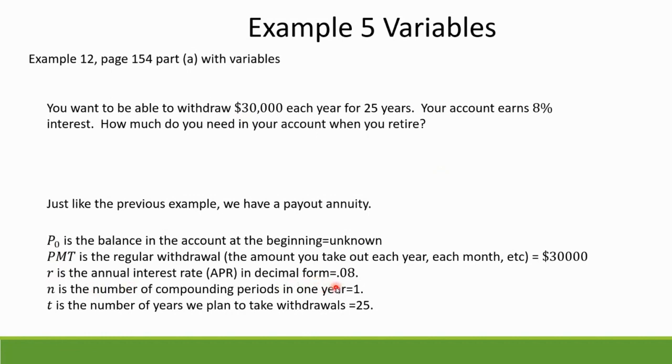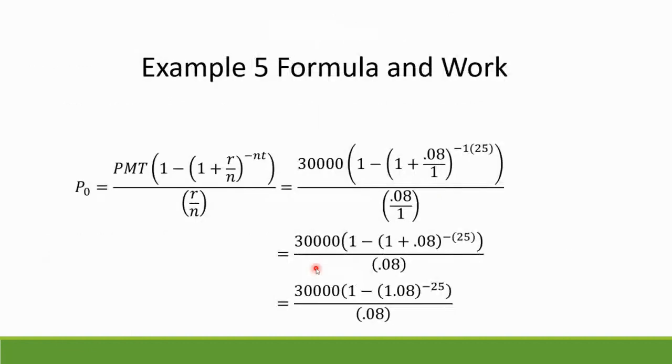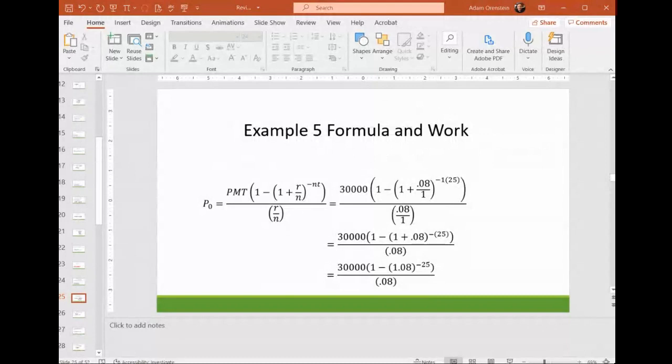N in this case is 1 because we're making annual withdrawals, so the account is being compounded once a year, annually. And this is going on for 25 years. We'll go through the formula next time because we have only about 5 seconds left. So let me stop.